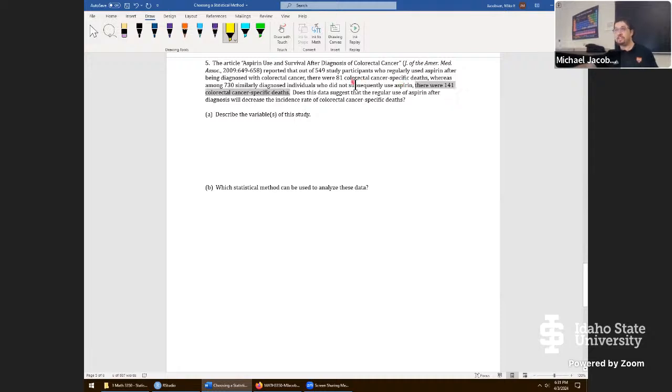Now, the magnitude of the number is not as surprising as it looks because notice the sample sizes change from one to the other. So we'd have to look at the statistic to get a good feel for that. The question was asking if the data suggests that regular use of aspirin after diagnosis decreases, so it looks like a left tail test, the incident rate of colorectal cancer specific deaths.